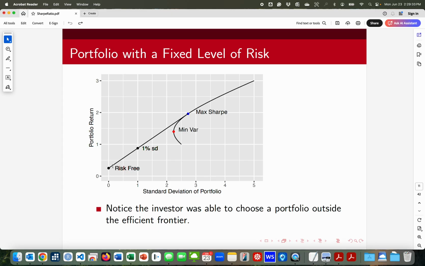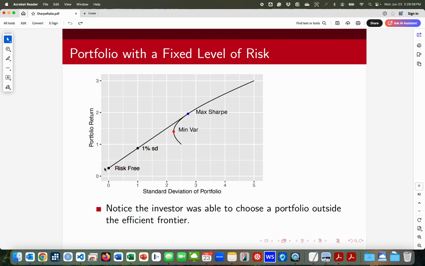So here's the bond right here. Here's the portfolio that maximizes the Sharpe ratio. So this is the tangency portfolio right here. This person chose a portfolio with a standard deviation of 1%, and this is the return that they got. So for this investor, this black dot represents the portfolio that satisfied their desired level of risk.